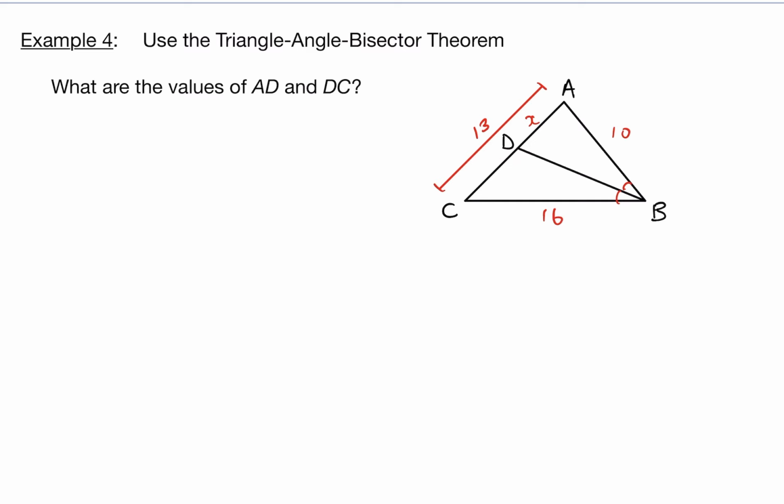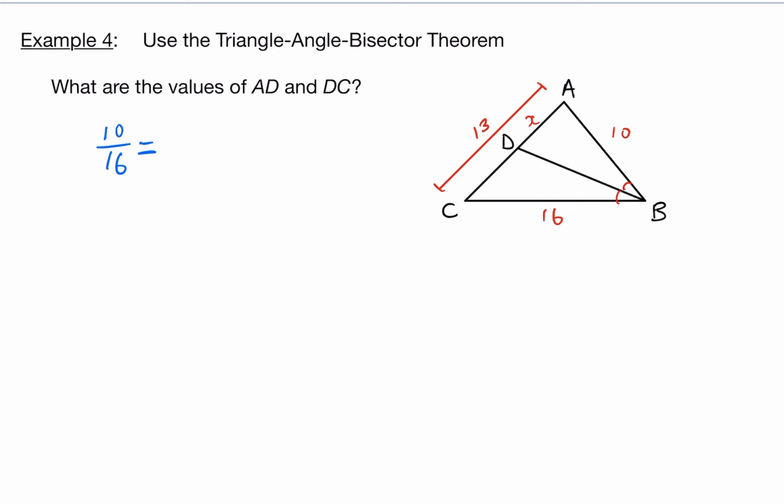Based on the triangle angle bisector theorem, the ratio of 10 to 16 is going to be the same ratio as x to this segment. What is this segment? It's 13 minus x. If you have this entire segment and you take away x, then you're left with this segment.